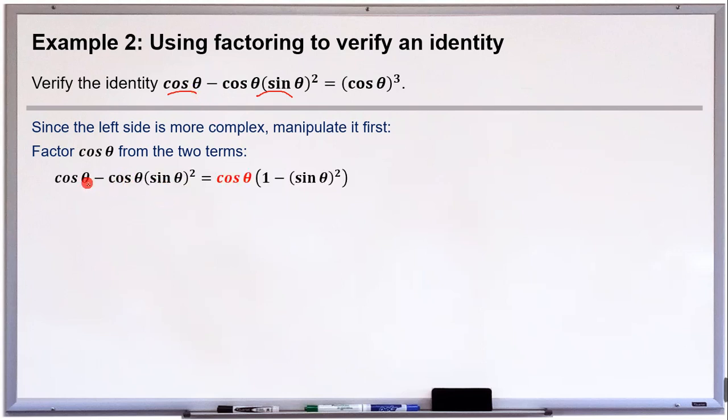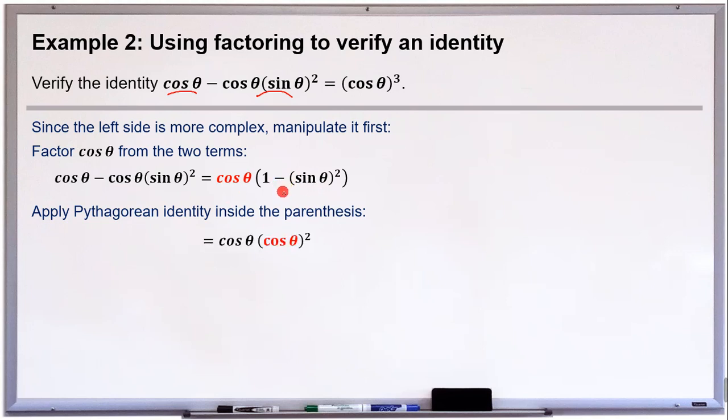So this left side becomes cosine theta times 1 minus sine theta squared. So we have just factored out the cosine theta. Next, the expression inside the parentheses is very familiar. We can use the Pythagorean identity because 1 minus sine theta squared is simply equal to cosine theta squared.